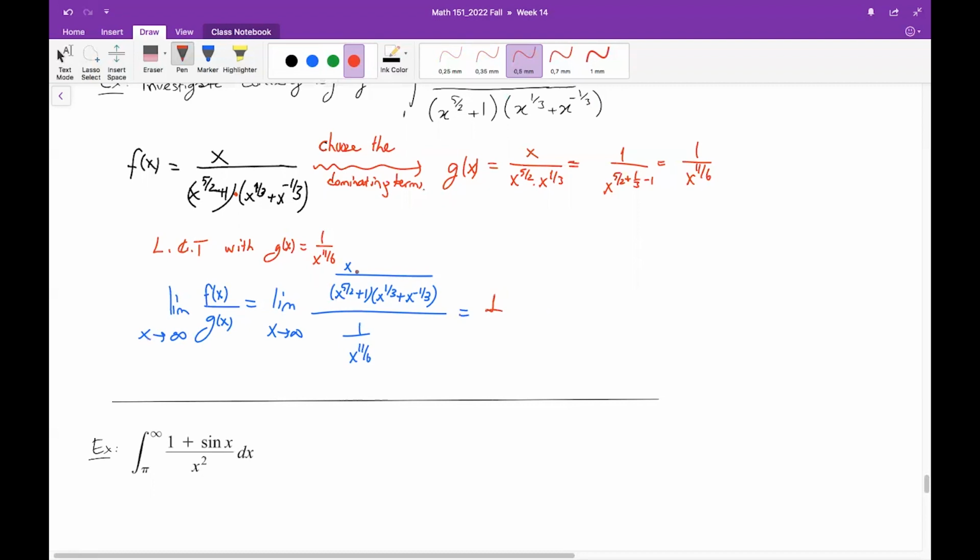How do I know it? Because the highest degree terms for the numerator and the denominator are equal because of the way that I chose g of x here. I look at the dominating terms, the highest degree terms, and choose them for g of x, so it will be the same for the numerator and denominator, and the ratio of the coefficients of the highest degree terms, which are 1 and 1, will give you 1 as a result of the limit. So here you obtain a limit between 0 and infinity.